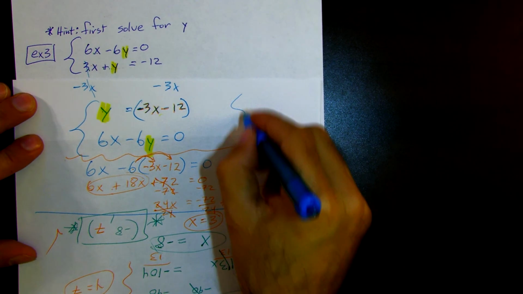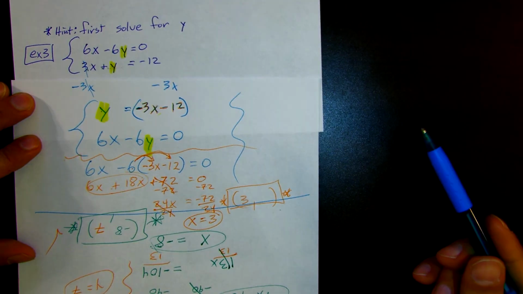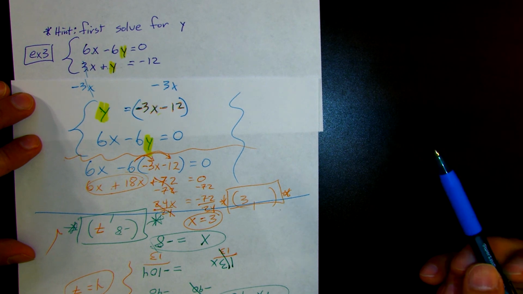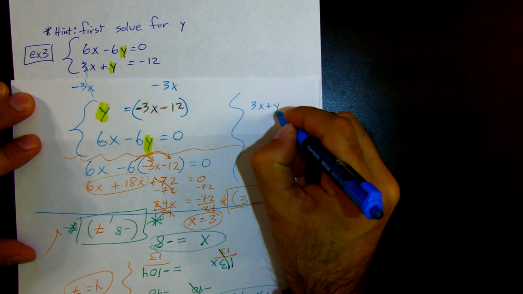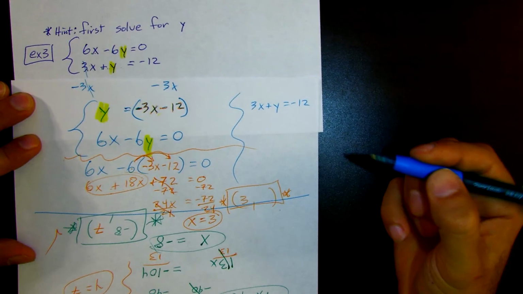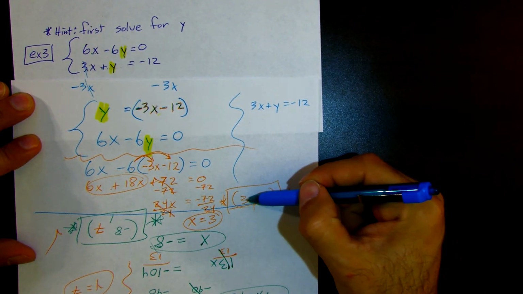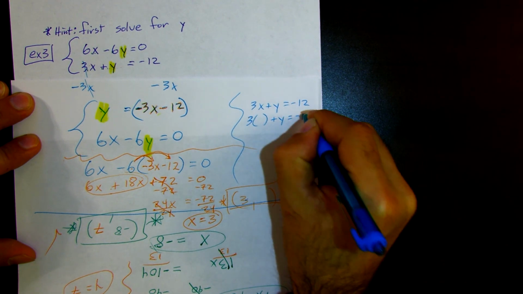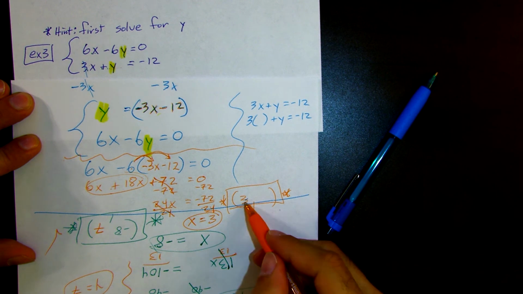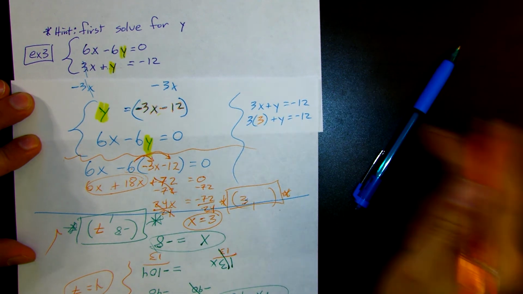All right, now the second step, just like all the steps, is to take one of the equations from the starting point here. Let's take 3x plus y is equal to negative 12. And what we're going to do is plug in the x value that we figured out. We found out that x is 3. So I'm going to put in 3 for x.